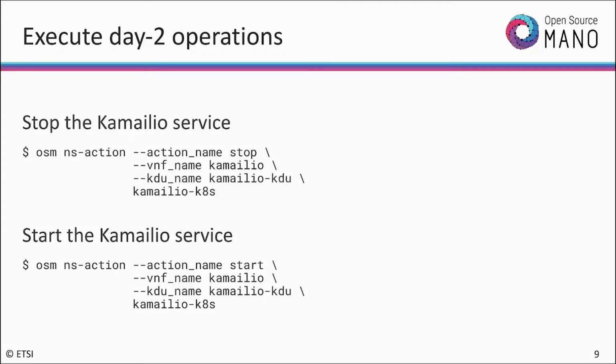And here we put the VNF name that is Kamailio and the KDU name that is Kamailio KDU. You can check these names in the VNFD descriptor. And then we will execute the same command, but with a different action, that is the start. We should start the service again.